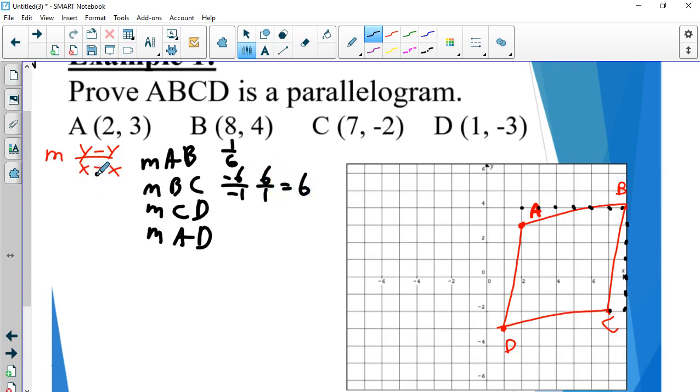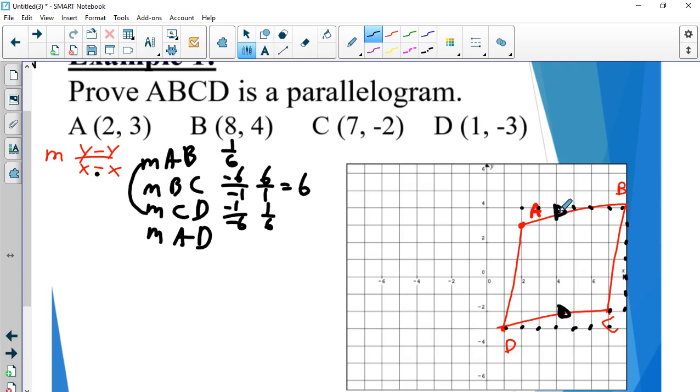CD. From C, I have to go down 1. So again, that's negative. And then go left 1, 2, 3, 4, 5, 6. Left 6, which again is 1/6. And hey, that matches. So those opposite sides are parallel. And I can mark it right now, parallel.